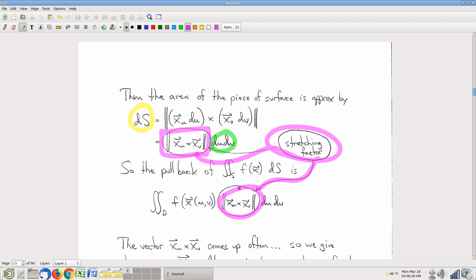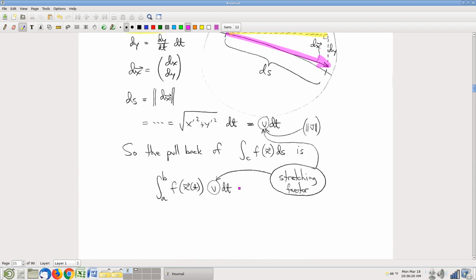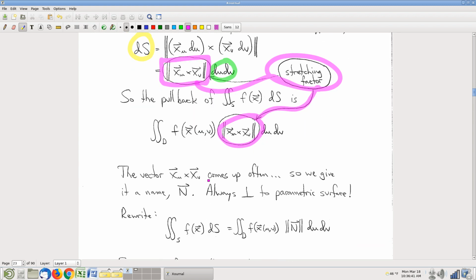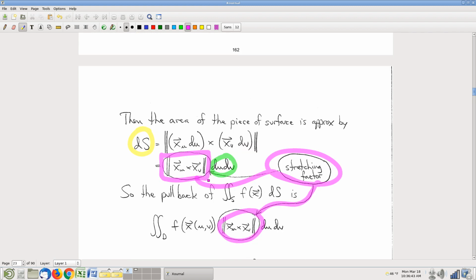It would have been nice if it had been more crisp and satisfying, just speed, the magnitude of the velocity vector. We had a really nice answer for the stretching factor in the case where we were looking at curves, and it's admittedly not quite as convenient or crisp as it was in that previous example. Nevertheless, this is what it is, and there's our stretching factor.